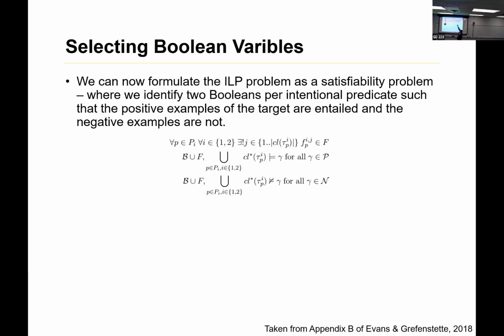But really, all this mathematics is saying is, hey, we're looking for a set B union F such that, for all the F's that are picked, the clauses union with them entail the target atom. And for everything that's outside of the positive set, they're not entailed.